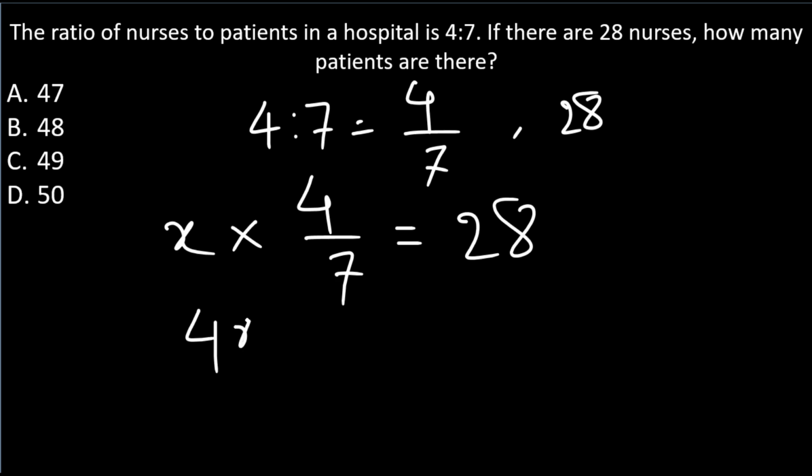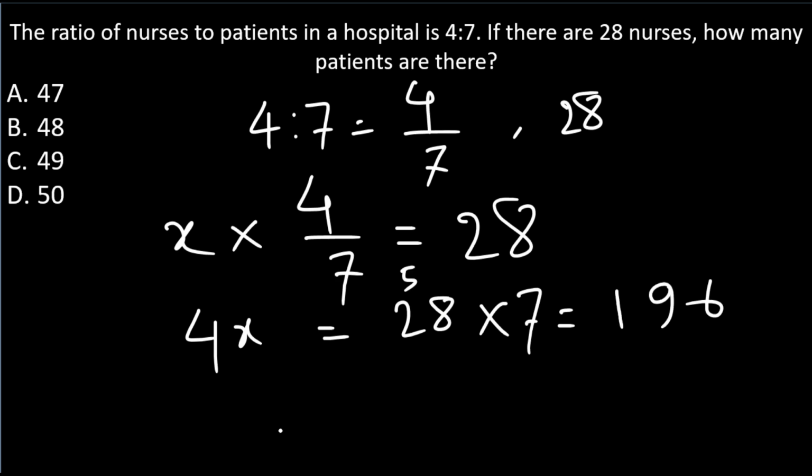So it's 4 times X, and 7 multiplied with 28. 7 times 8 equals 56, so 6 comes and 5 is the carry for the next digit. 7 times 2 equals 14 plus 5 equals 19. So 196.